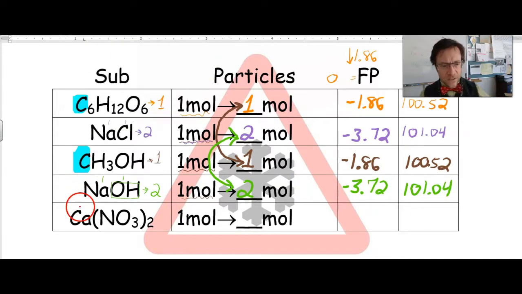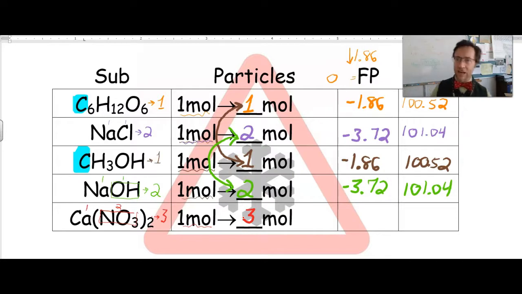All right. Let's go on to this one. So let's see how many particles we're going to make. We got 1 calcium. Remember, this is our polyatomic ion. And oh, yeah, I see there are 2 of them. So this ionic substance will make 3 moles when we dissolve it in water. So if we start with 1 mole and we dissolve it, 1 mole of calcium nitrate will create 3 moles of dissolved particles.